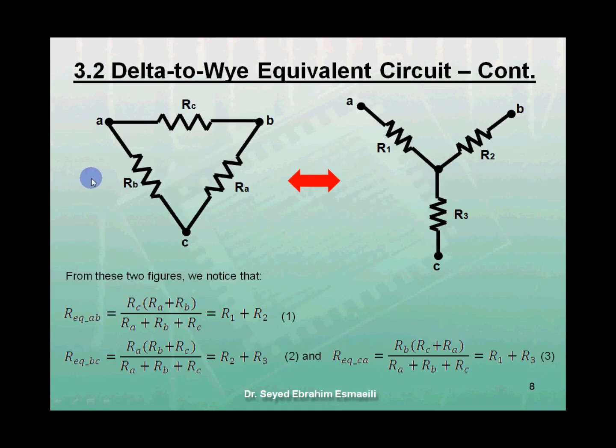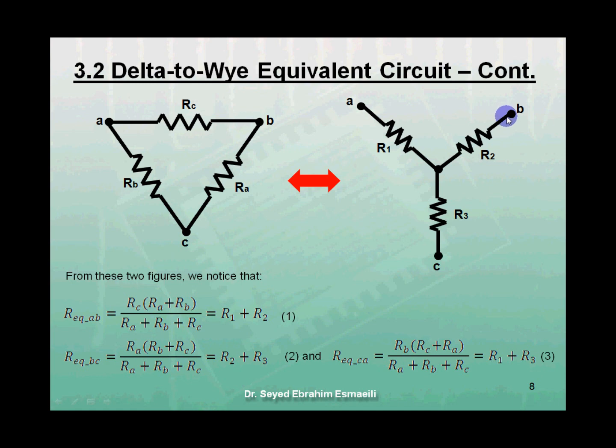In order to simplify circuit analysis, we sometimes need to transform a delta configuration into a Y configuration and vice versa. In order to do this, we notice that the equivalent resistance between nodes A and B in the delta configuration is equal to RC in parallel with RB plus RA, which is equal to R1 plus R2 in the Y configuration. This is given by equation 1.